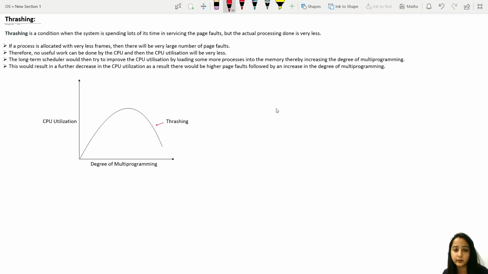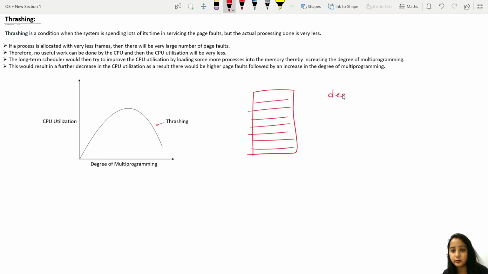Suppose we have this memory. Okay, we have memory. My motive is to increase the degree of multi-programming. What is my main motive? I have to increase the degree of multi-programming, only then will my CPU utilization increase, right?